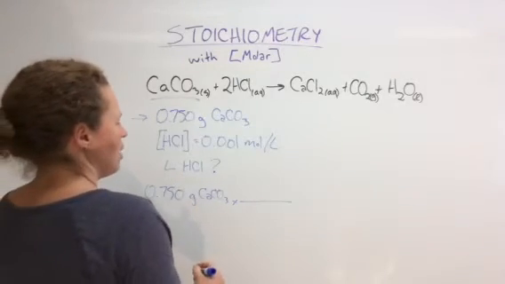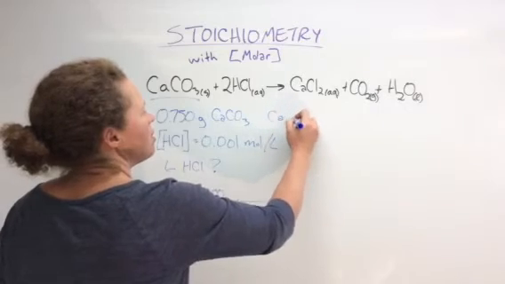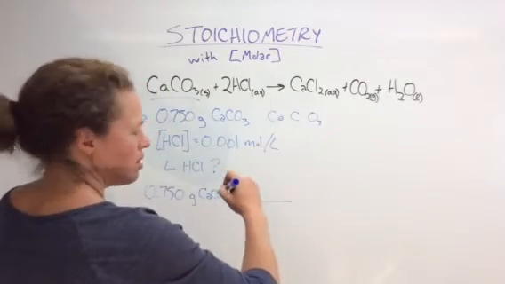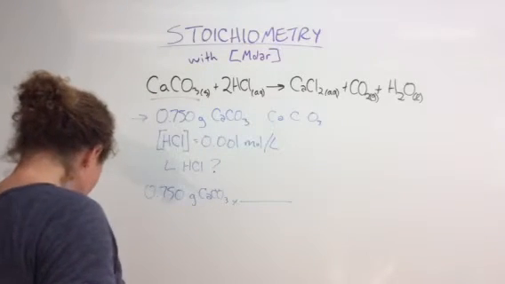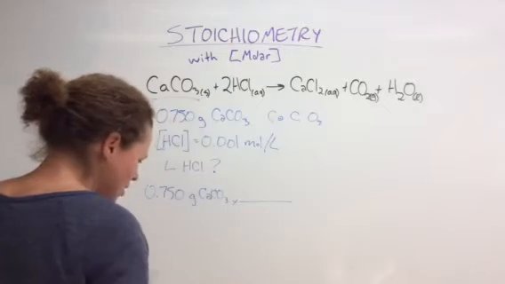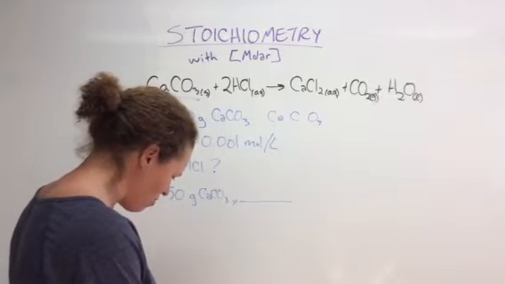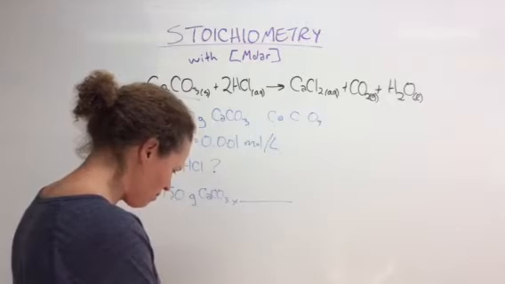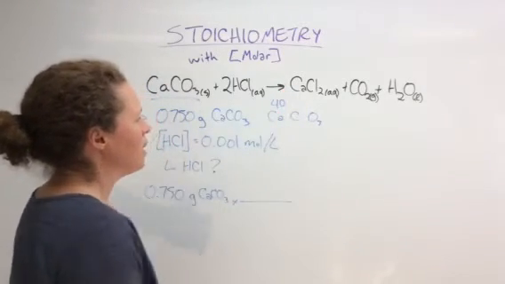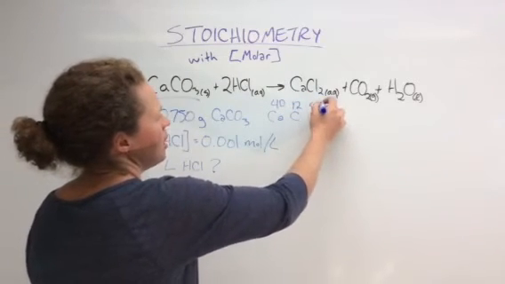We don't want grams of calcium carbonate, we want moles, which means that we're going to go calcium, carbon, 8. Calcium gives us, see, now this is where, if you guys were here, I'd be like, quick, what's the mass of calcium? And you'd be like, it's 40. Yay! Good job, kids. And carbon's 12 and oxygen's 16, but 3 is 48.